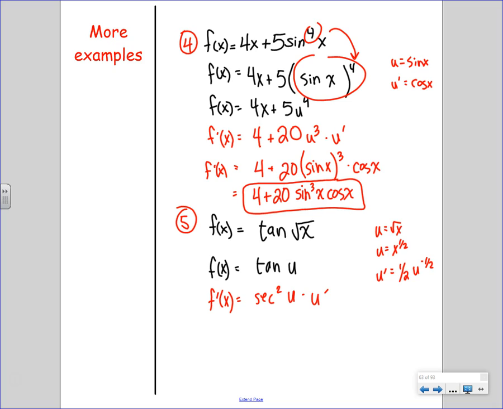Did I do this wrong? You lost your x. That's why you're confused. It's next to the 1. It's tangent of who? Does that make sense? Yeah.